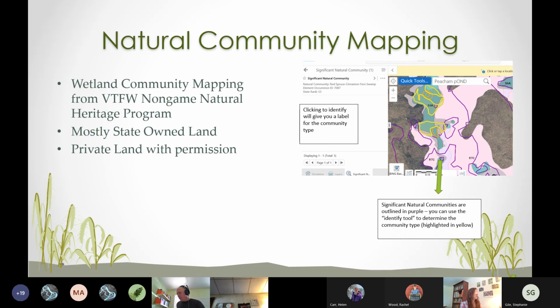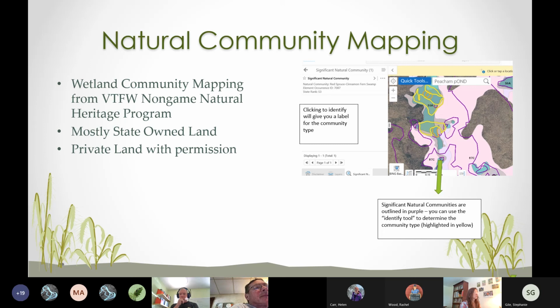Another gem we have is natural community mapping. This was created by the Vermont Fish and Wildlife Non-Game Natural Heritage Program. Most of the information is located on state-owned land, but there's more than 50 wetland natural community types. So those will pop up as a layer, and you can also figure out what those are by clicking on that layer.